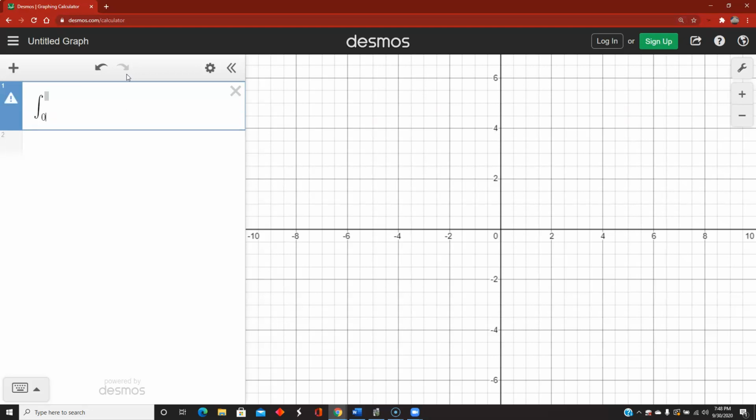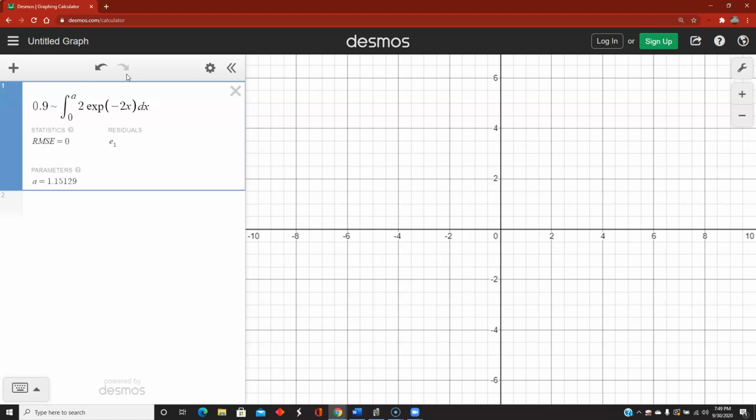If we do an integral on Desmos from 0 to a, and we're doing 2e to the power negative 2x dx, and we want to know when is this equal to 0.9, and we change the equal sign to a tilde, Desmos will figure out the value of a, the value in that limit of integration that makes this true, and it's 1.15, which is the exact same answer that we got earlier algebraically.